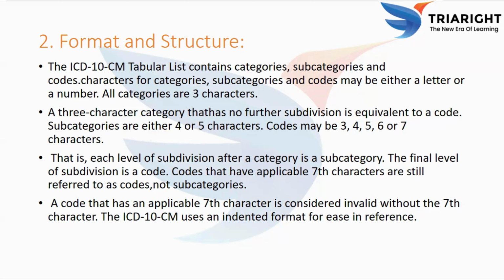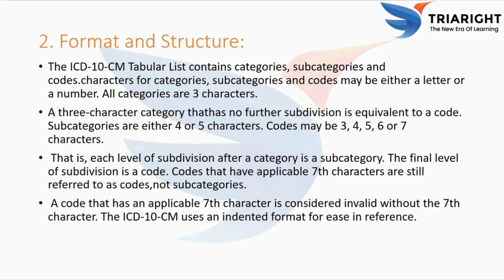If more specificity is required, if more digits are needed to completely explain the disease, you can add more subcategories like the 7th character. The 7th character, when applicable, gives you extra information such as the encounter type, what stage it is, what healing stage it is, and which eye it is, either left or right. You can use the 7th character in many ways. If a code requires a 7th character, it is invalid without it.